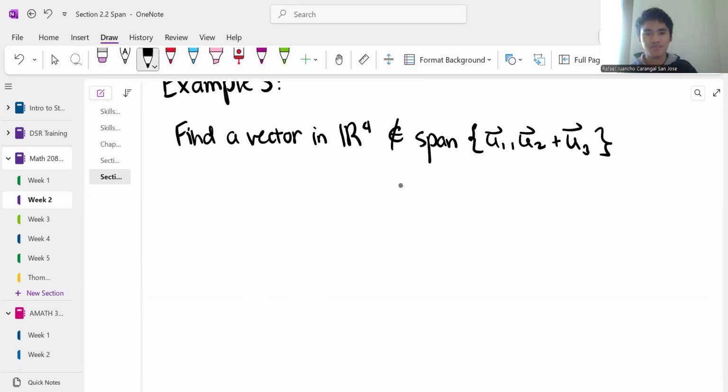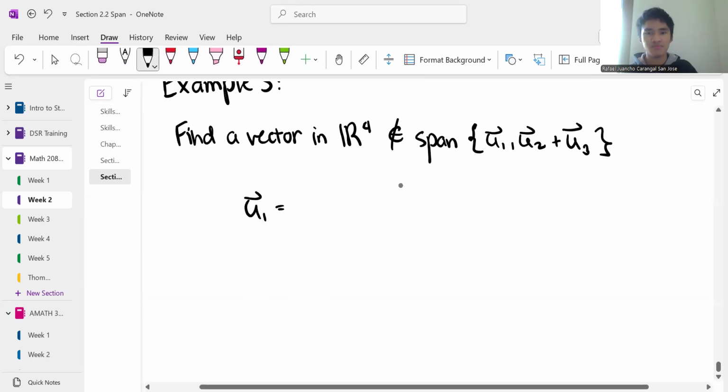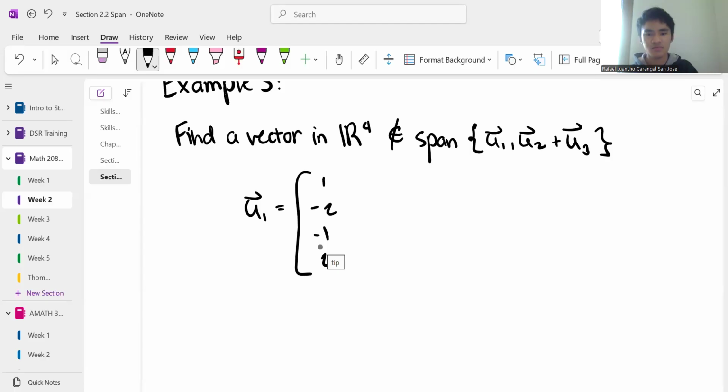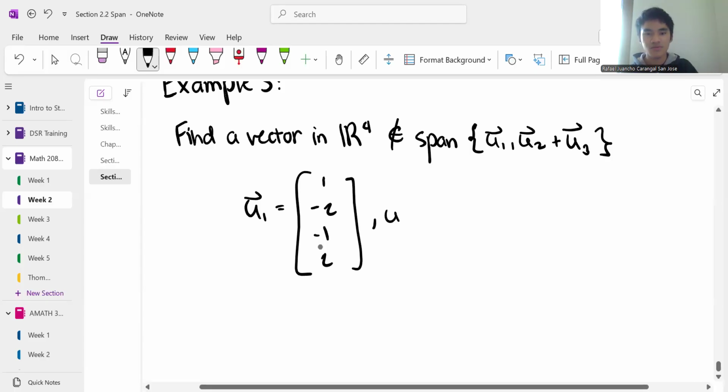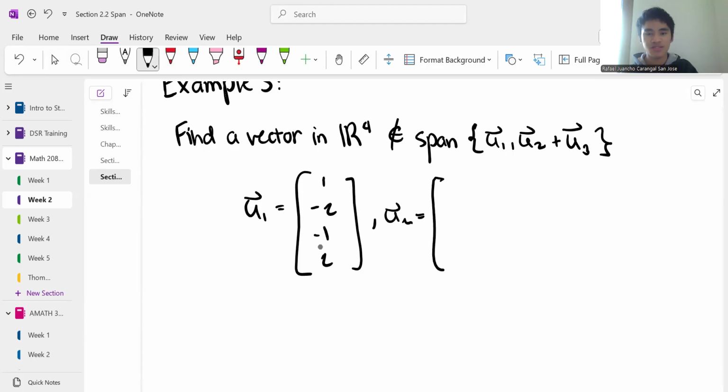Here's the given. U sub 1 is 1, -2, -1, 2. U sub 2 is -3, 7, 4, -6.